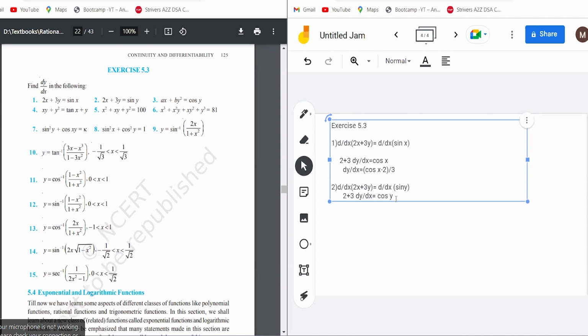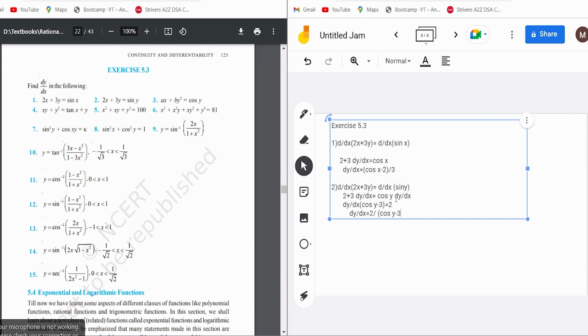But in this case, since I am differentiating y with respect to x, so I will also get dy by dx. ठीक है, so अपन यहाँ से अब dy by dx कॉमन ले लेंगे. dy by dx we have taken common, we will get cos y minus 3 equal to 2, and from here I can get my dy by dx to be equal to 2 upon cos y minus 3.